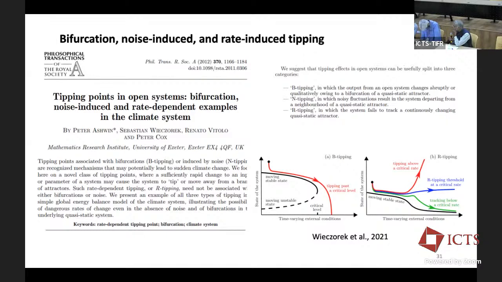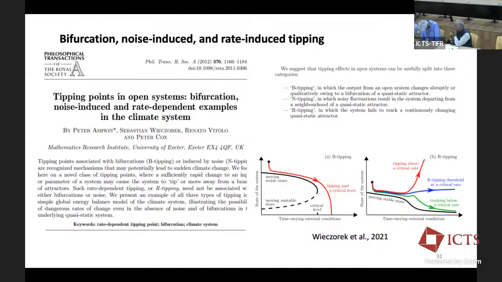And the system is actually at the minimum of the potential well. The system is adjusting fairly rapidly to the change in the landscape. So the system response or adjustment timescales are quicker than the timescales with which the landscape itself is changing. Typically you get a bifurcation-induced tipping with a slowly varying parameter where the system response timescales are fast.